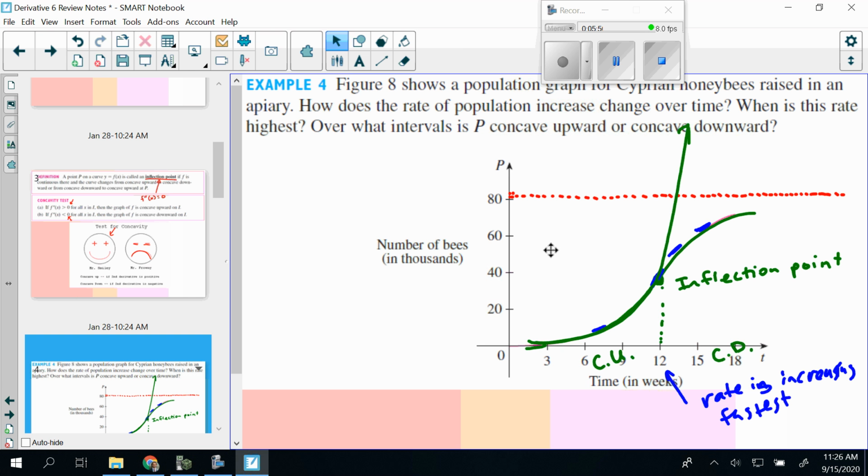The bees wouldn't be able to survive. There wouldn't be enough pollen and stuff for it to go. So as it gets to some point in its environment where it starts getting limited, it still grows, just not as fast, and it'll tend off to whatever that carrying capacity would be. So here it looks like carrying capacity might be around 80.